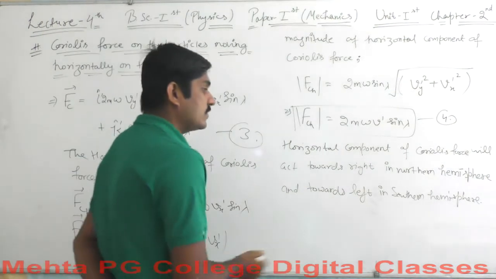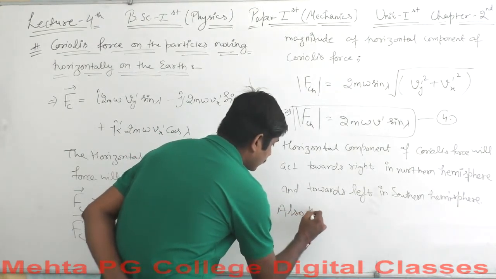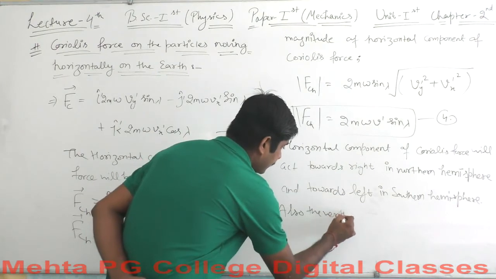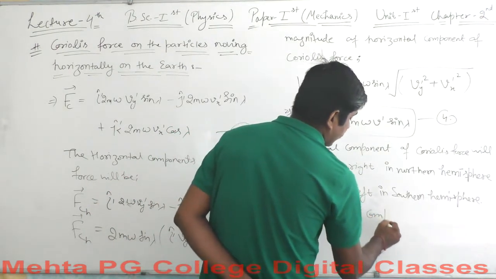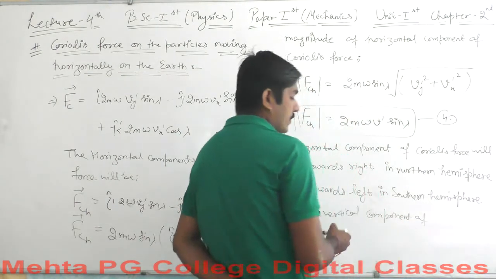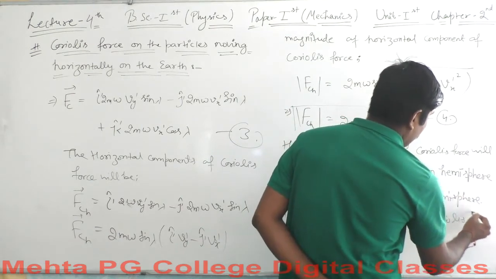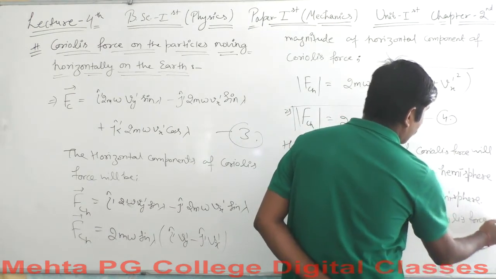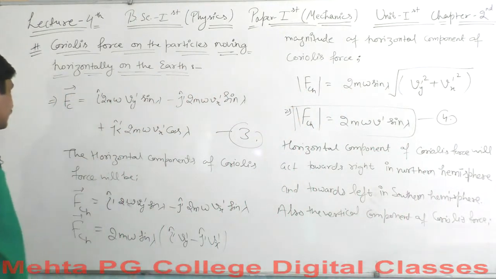Also the vertical component of Coriolis force. Let's say FCH is the horizontal component, so this is the FC only.